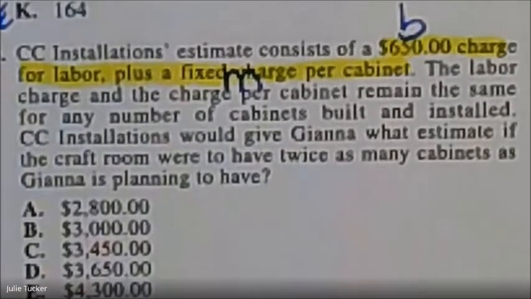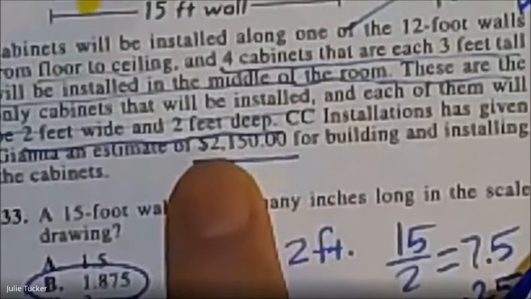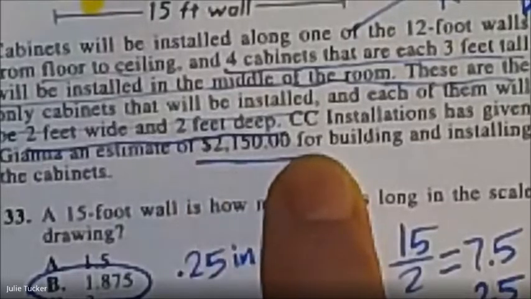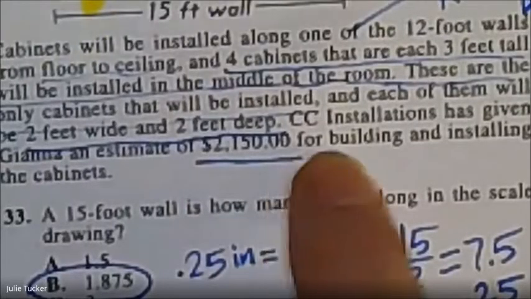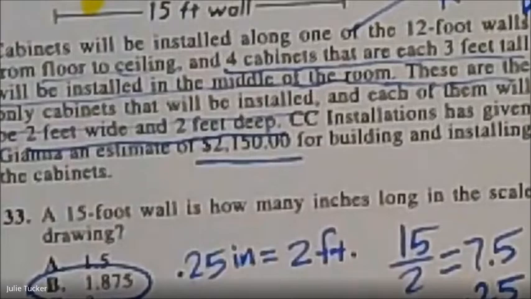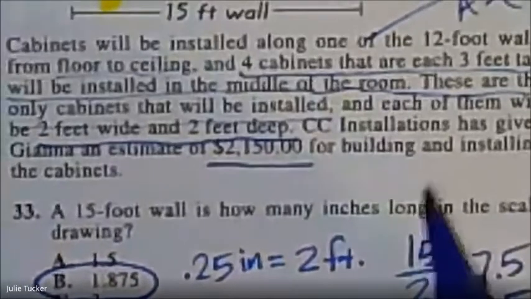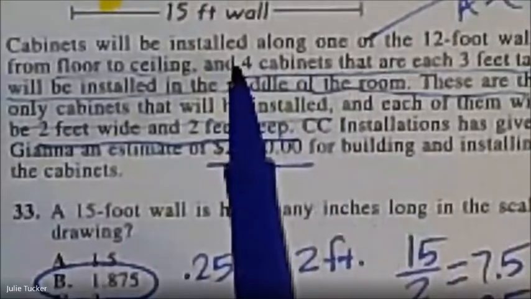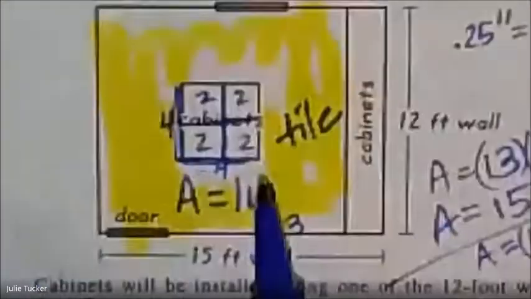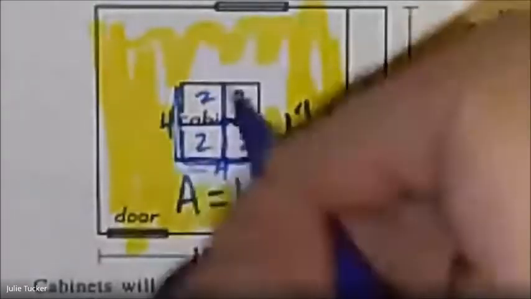So they already gave her an estimate, and it was way up at the top somewhere. We have to go back and read it. It was $2,150. Okay. And remember, they said it's a set price for each cabinet. So how many cabinets is she getting right now with this estimate? 4 in the center. Oops, 4 here.